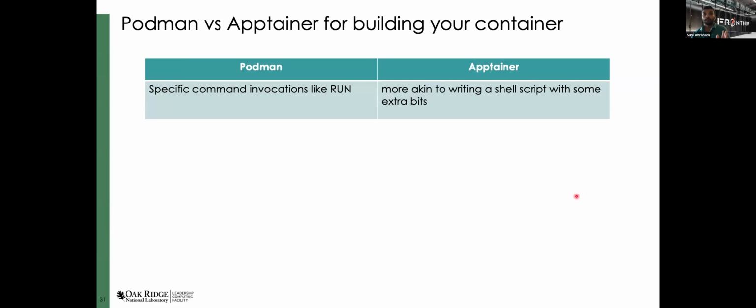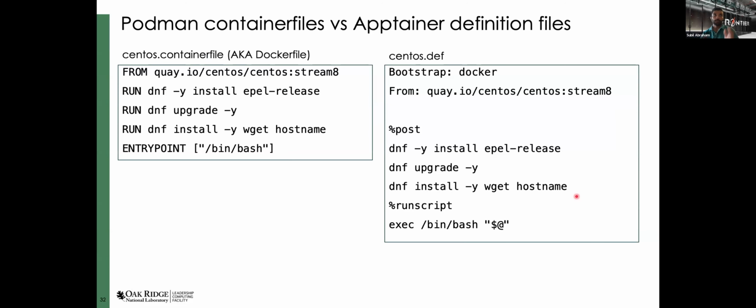So the first thing to talk about is the way that container images are defined and then built by Podman and Apptainer. Podman uses specific command invocations, whereas Apptainer uses more of a config file style. What that looks like is on the left, you see a CentOS.container file, which is the input for Podman to build a container image.